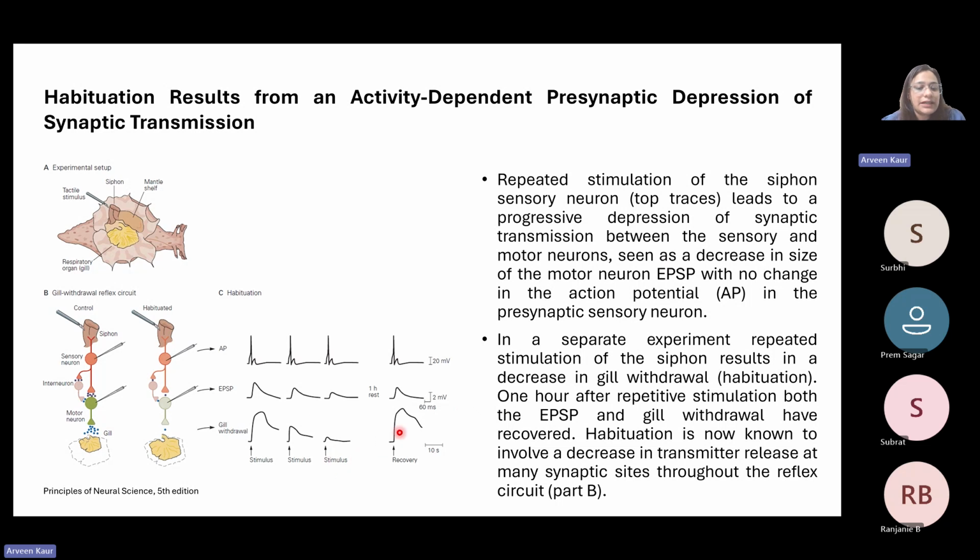You can see over here at the level of the synapse that the neurotransmitter level is also reducing. In a separate experiment, repeated stimulation of the siphon results in a decrease in gill withdrawal. One hour after repetitive stimulation, both the EPSP and gill withdrawal have recovered. Habituation is now known to involve a decrease in transmitter release at many synaptic sites throughout the reflex circuit, right? As you can see over here.